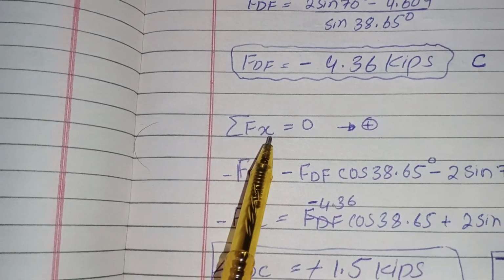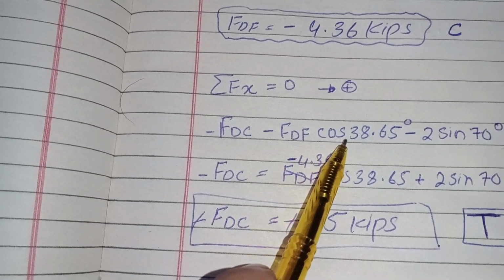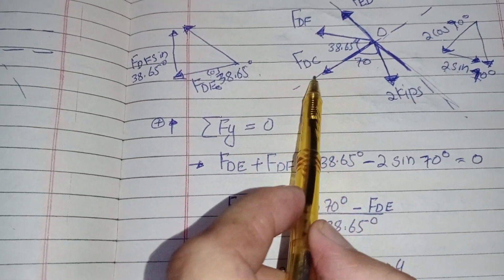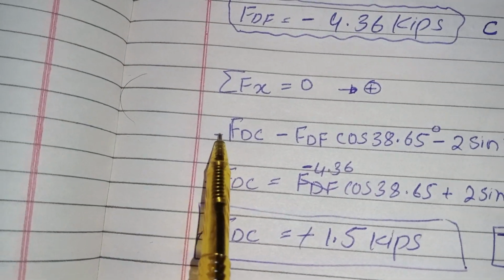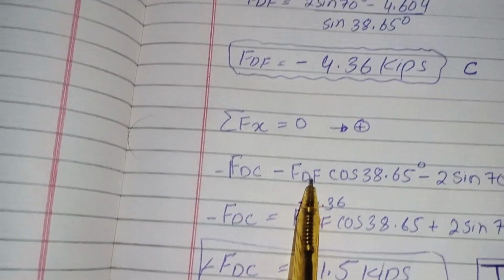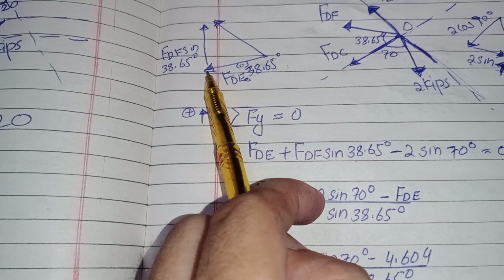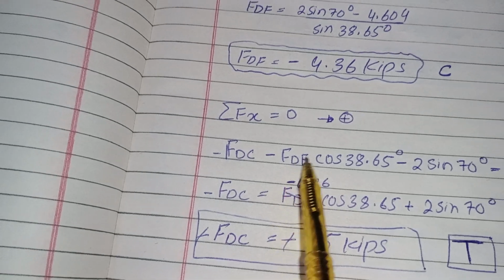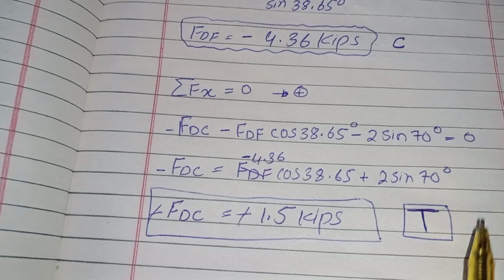Now summation of all horizontal forces equals 0. Negative FDC, negative FDF cos 38.65. So negative FDC is this force which is directed toward left. That's why I put here negative, and FDF, which is this force component of this FDF, is also directed toward negative left. I put here negative sign. Okay. So cos 38.65 negative 2 sine 70 equals 0.